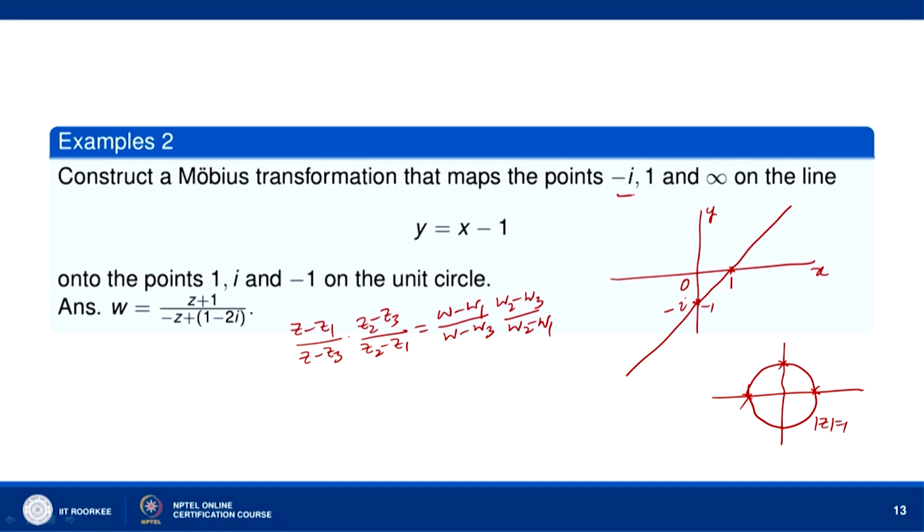The cross ratio for the points minus i, 1 and infinity will be the following.